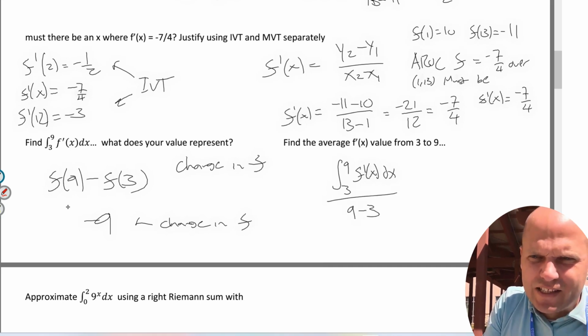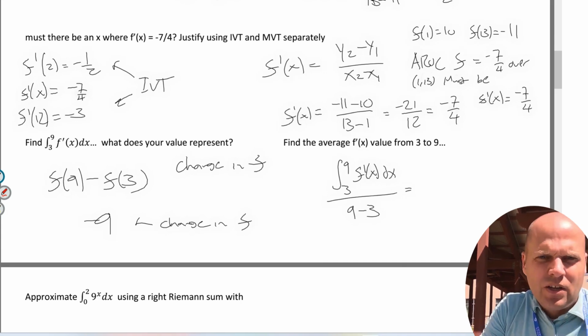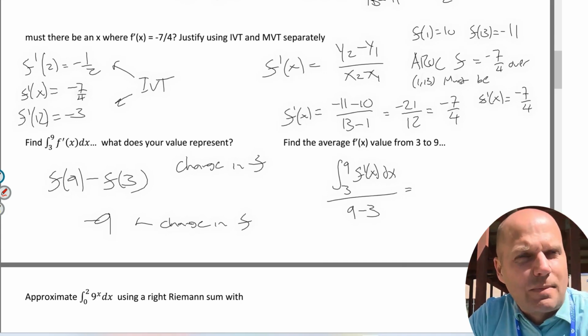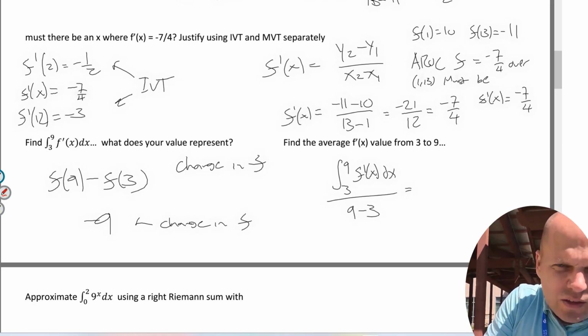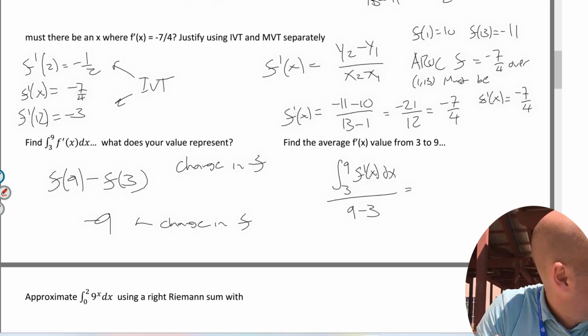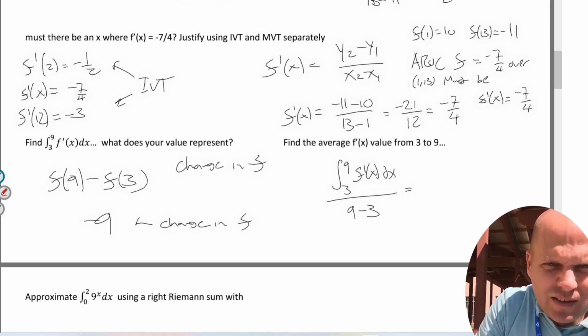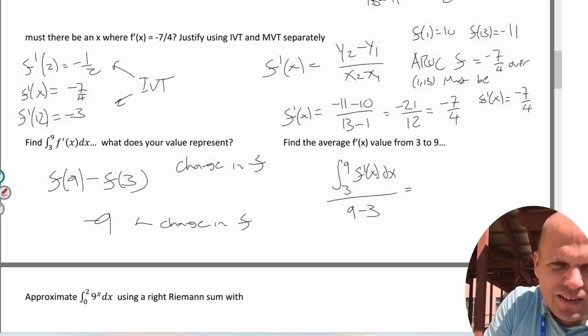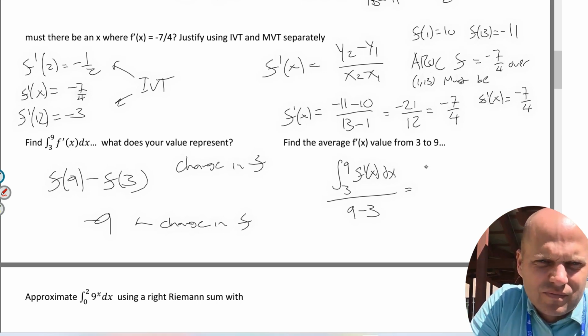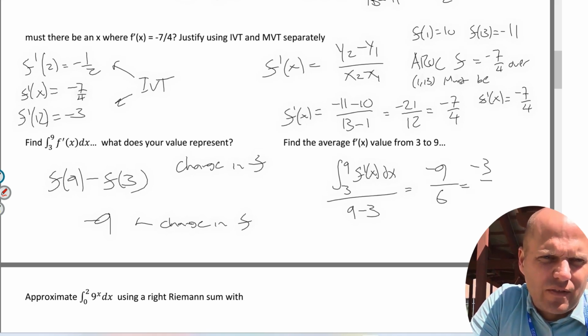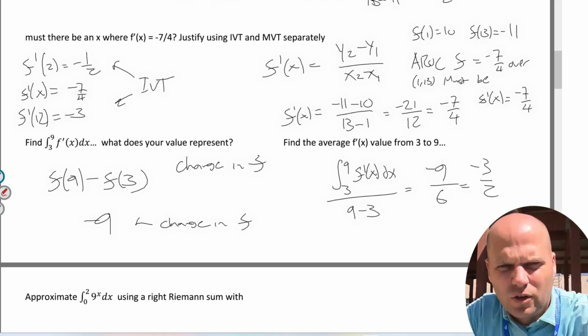And I found that it's just the displacement. The average f prime is the same as the average rate of change of f. So this answer is -3.